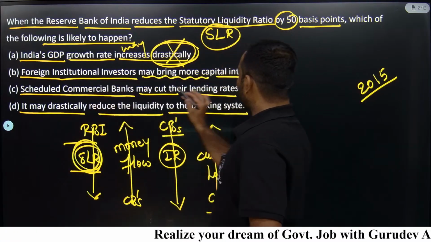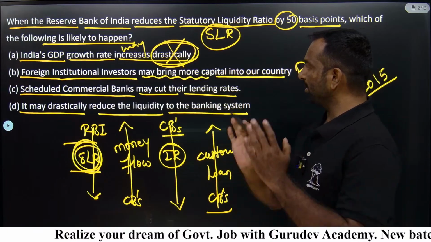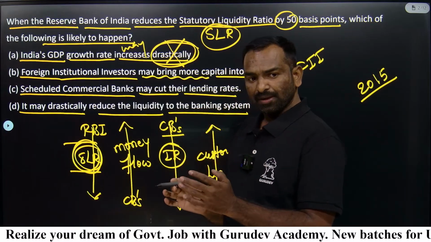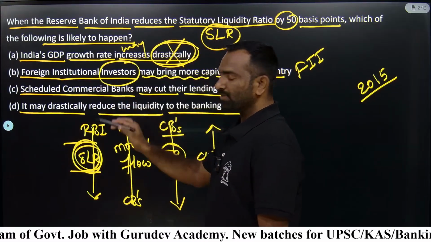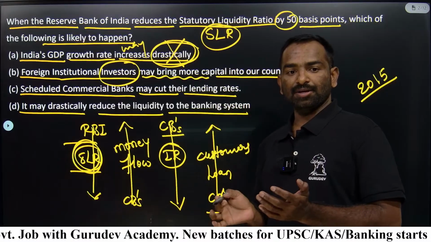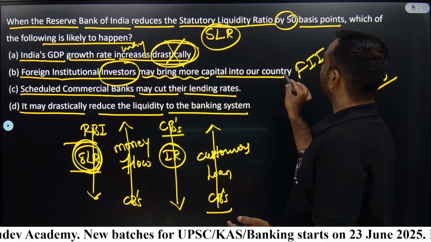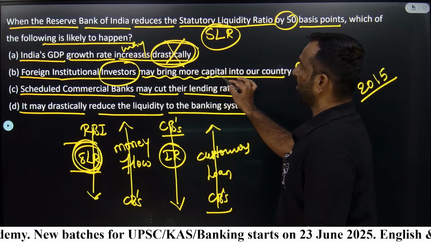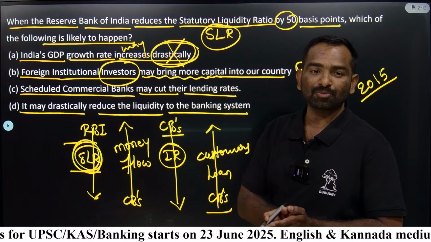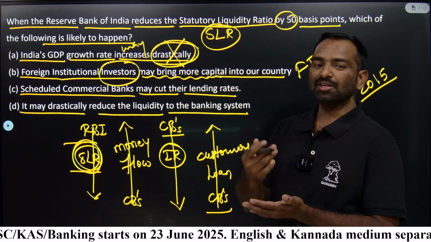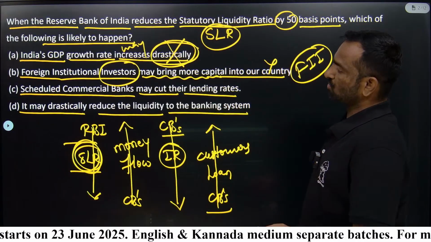Next one, the FII, that is foreign institutional investors, they invest the money into the Indian economy or Indian market. May bring more capital into our country, and the SLR is not really going to affect the FII in the positive or in the negative sense. So that's why the second statement is also wrong.